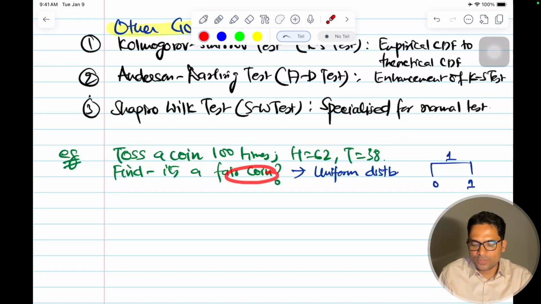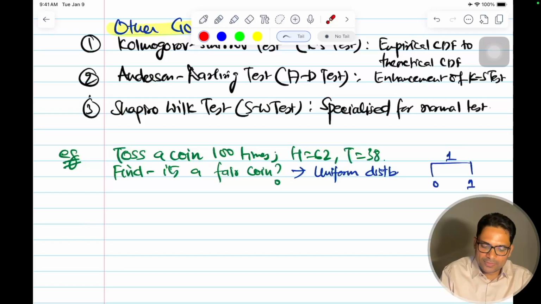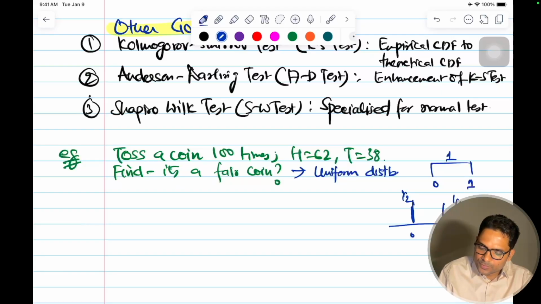Here the uniform is only for 0 and 1, but it can also be continuous. If you have a PMF, it looks like this: on 0 we have half, and on 1 we have half. These are the two masses.